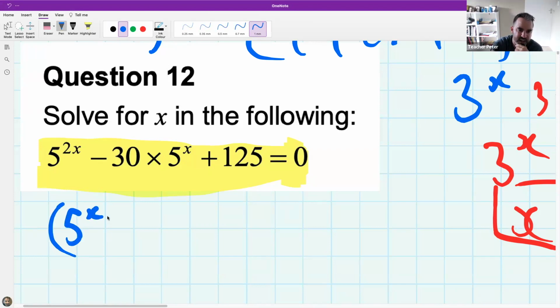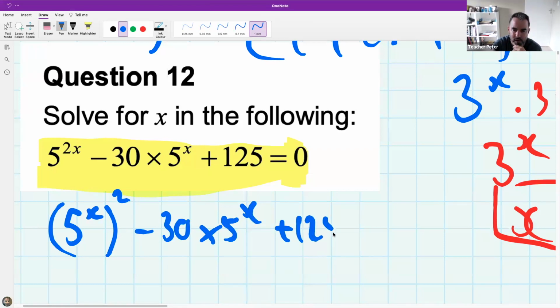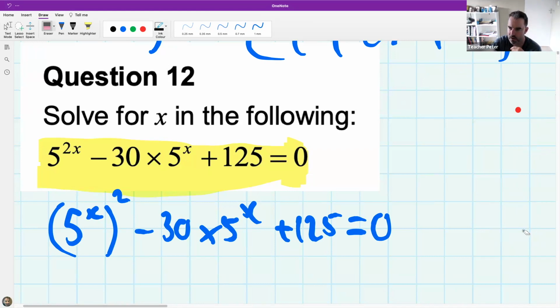I think I can rewrite this as that. Now, what do you think I need to substitute? What do you think I need to substitute? Welcome to Amy, who's also joined us.